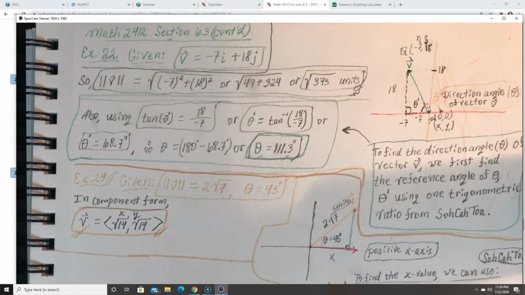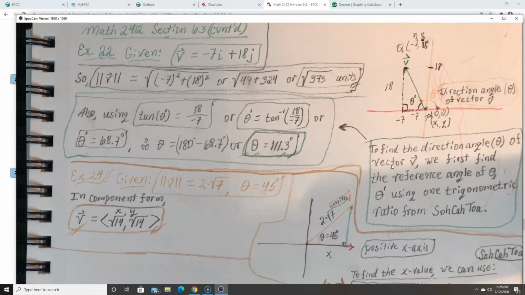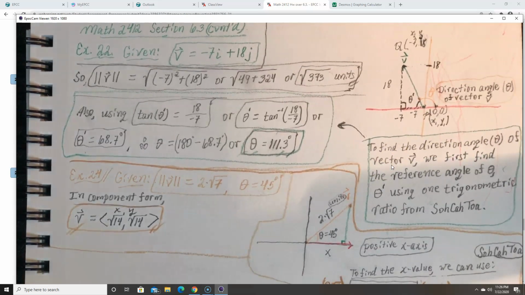So, I wrote it here. To find the direction angle theta of vector v, we first find the reference angle of theta, theta prime, using one trigonometric ratio from SOHCAHTOA.